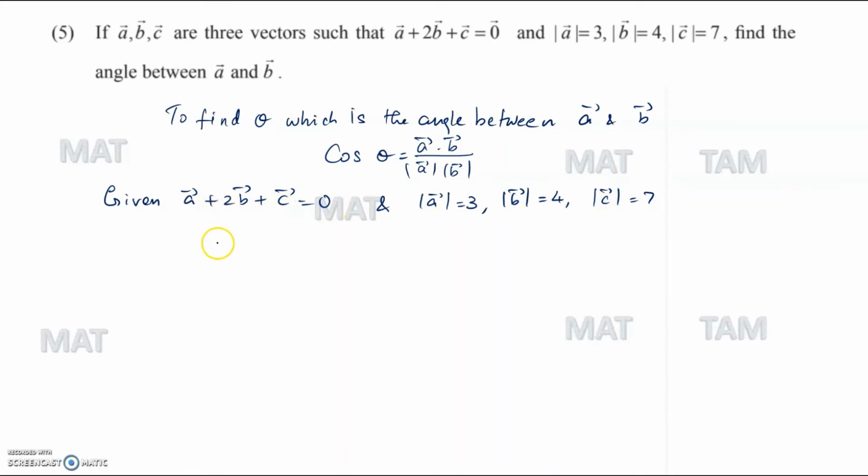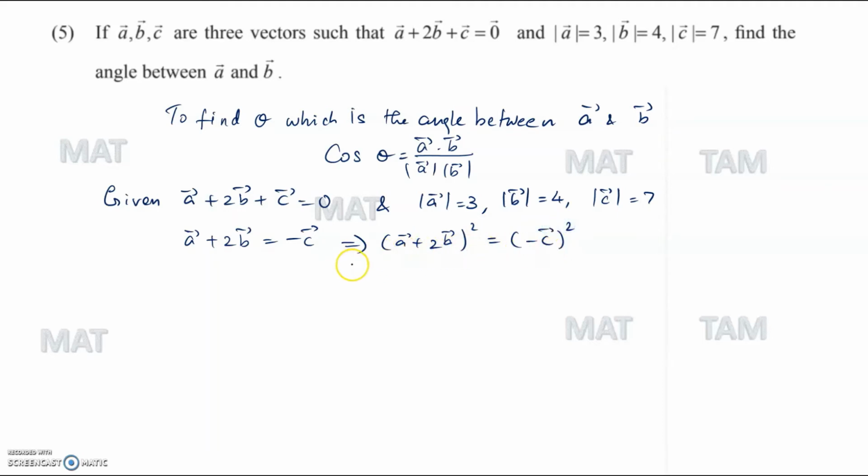So if we rewrite this, what is given here as vector A plus 2B vector is equal to minus C vector, and further if we square both the sides, you would get vector A plus 2B vector squared is equal to minus C vector squared.